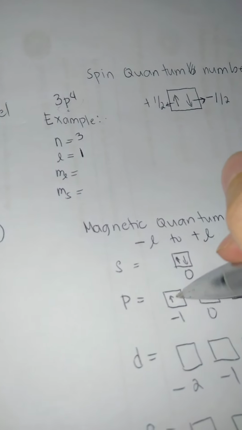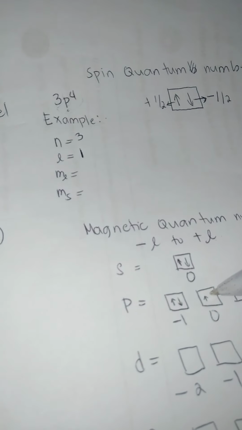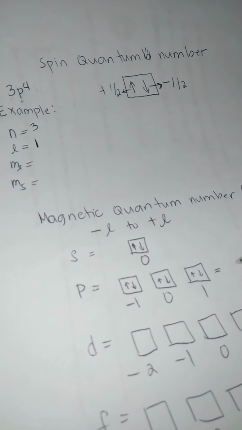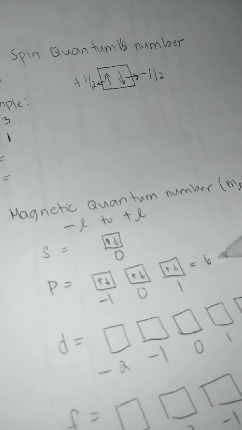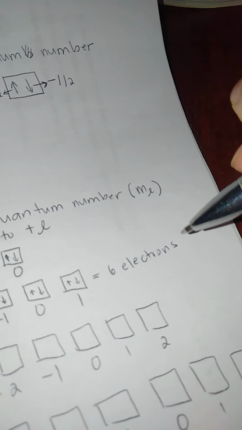By this time you will use the downward arrow, downward and then downward. That's why the letter P has 6 electrons.